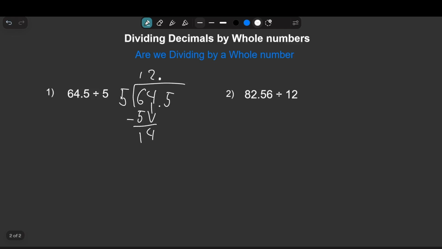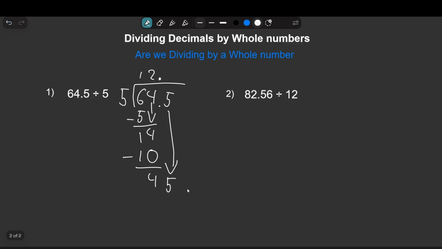We multiply 2 times 5, and 2 times 5 equals 10. So we write the 10 down here, and we go to the next step. We subtract these two. So 14 minus 10 equals 4. Now we have to bring down the next digit. So we bring down the 5, and we get 45.